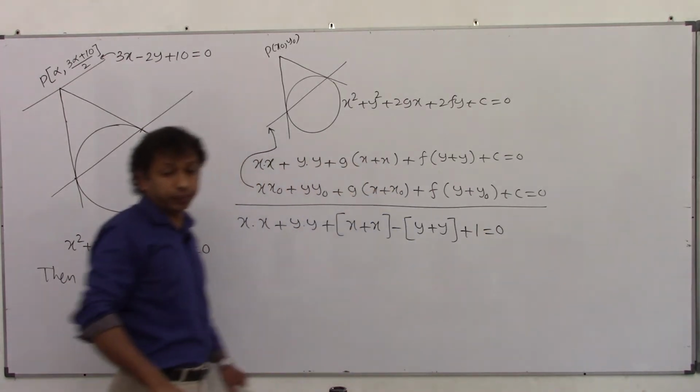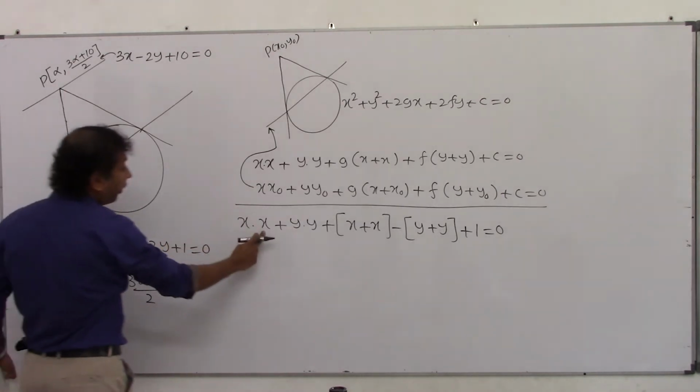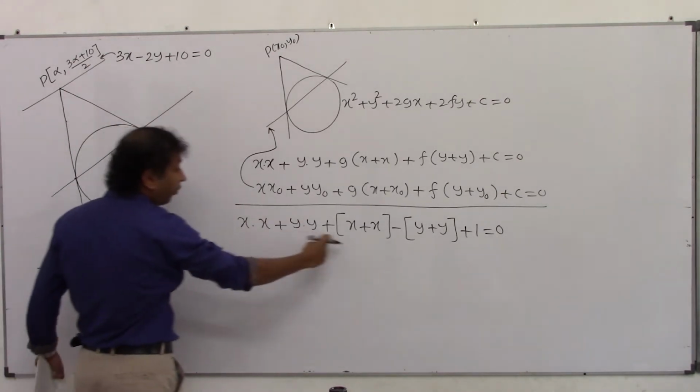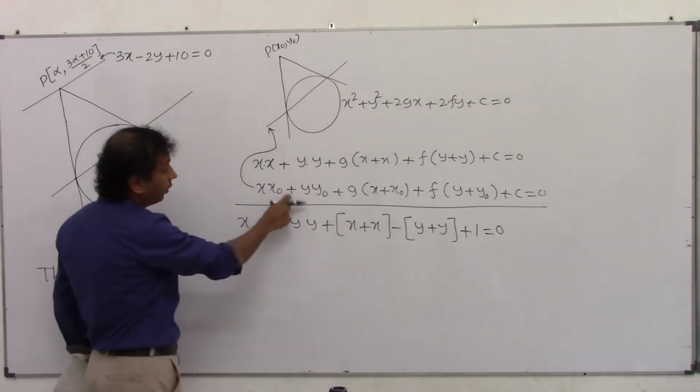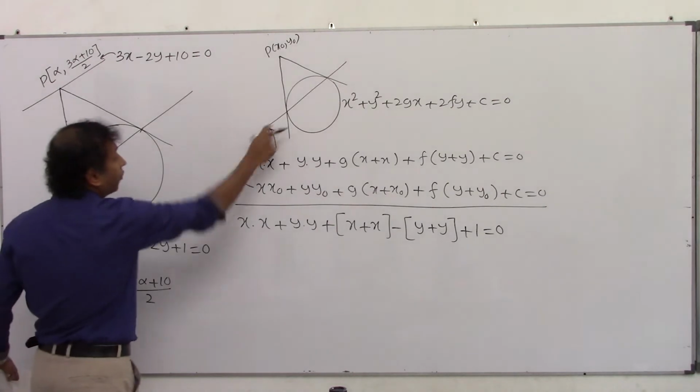Now the x coordinate alpha and the y coordinate we found here, we substitute using this theory. Then we get the equation of this chord of contact.